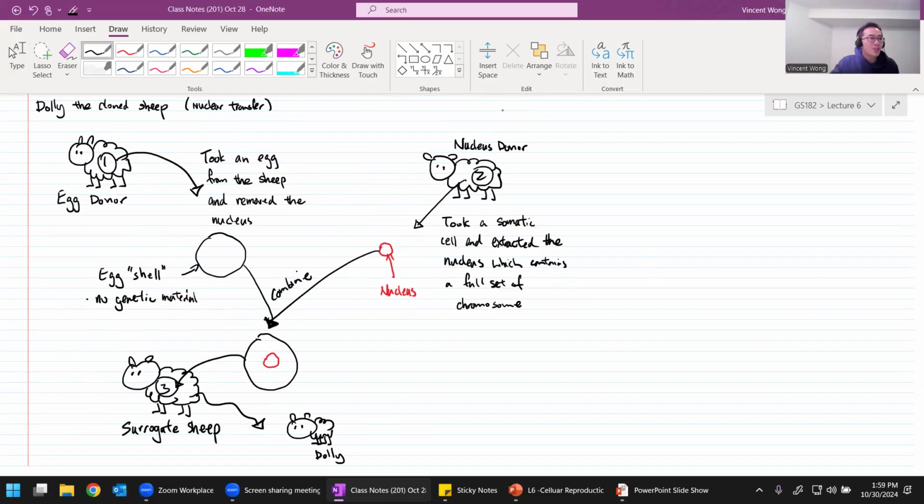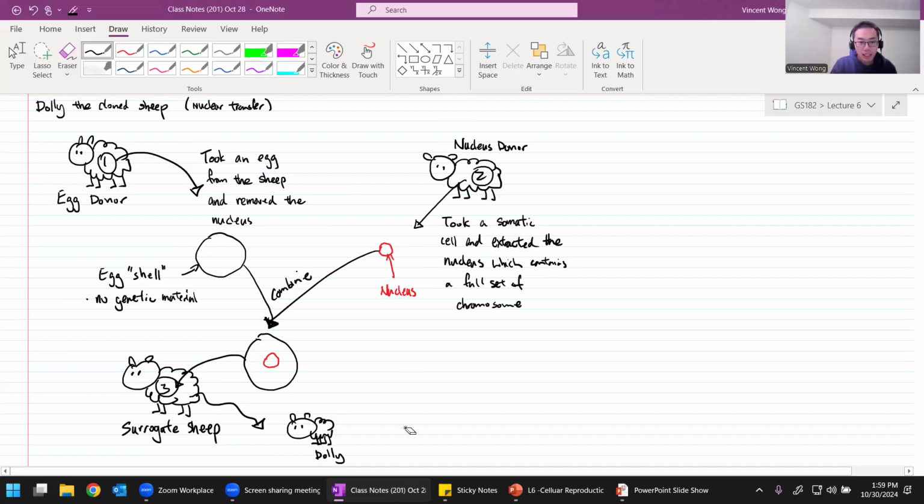Okay, so a lot of people chose two, some people chose three, some people chose one. The correct answer is actually number two and only number two, because number two is the only sheep that is providing the genetic material, right? The surrogate, yes, carried the baby to term, but in terms of genetic contribution, it didn't, right?